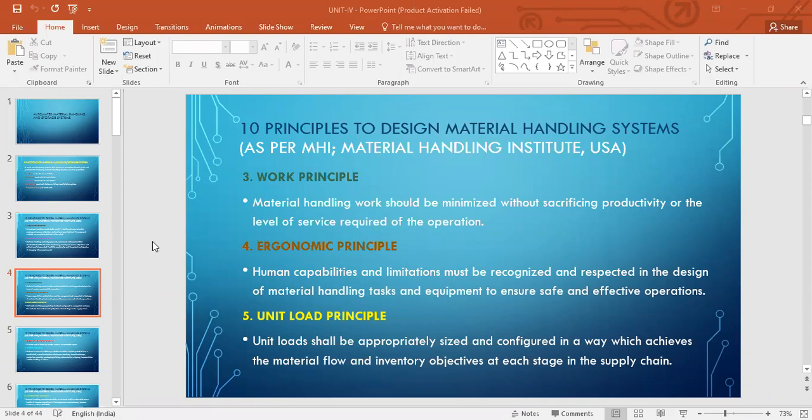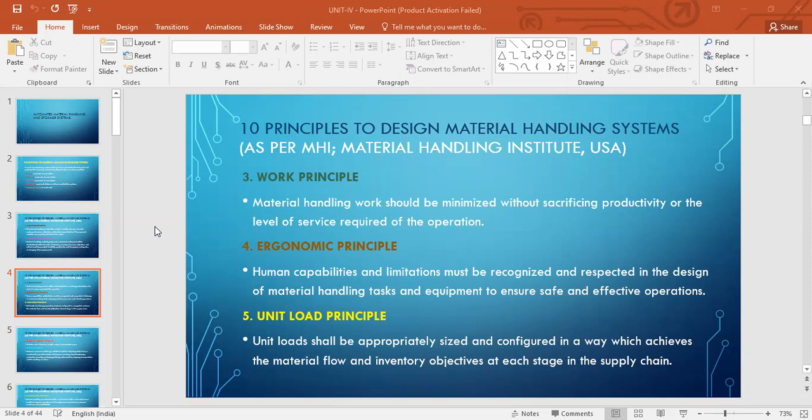If humans are involved, then also the design of that system, the interface of the material handling system, has to be taken into account, so that the operator can understand. If he wants to take over from automatic to manual, then he should be able to understand, right?